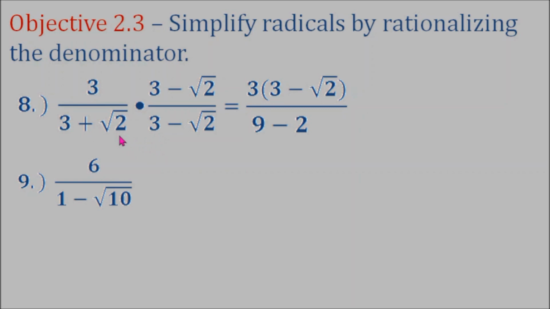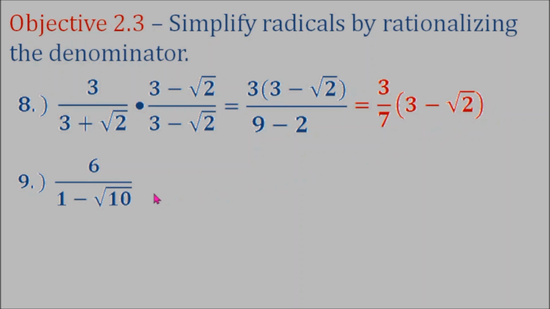And then multiply the second terms, that's positive square root of 2 and negative square root of 2, that is just negative 2. 9 minus 2 is 7, so we can write 3 over 7 times the quantity 3 minus square root of 2. So this is our answer for item number 8.